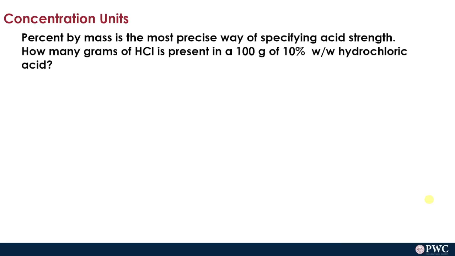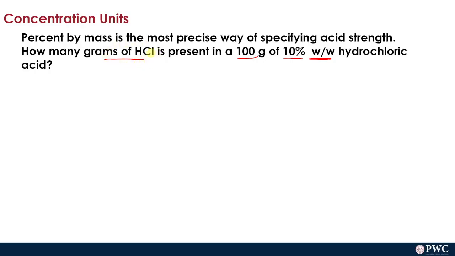Now let's consider the following problem. How many grams of HCl is present in 100 grams of 10% weight per weight hydrochloric acid? So here, the percent by mass is given, since weight per weight is the percent by mass. We also have the mass of the solution, but we're asked to determine the mass of the HCl.